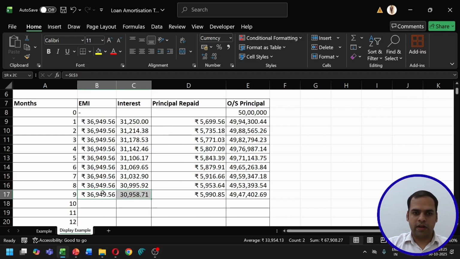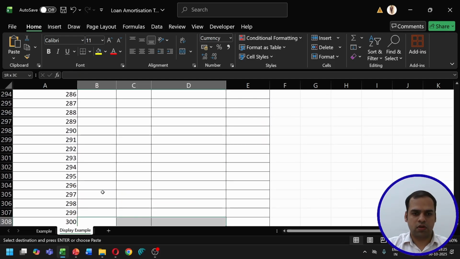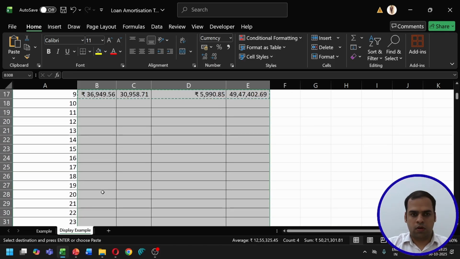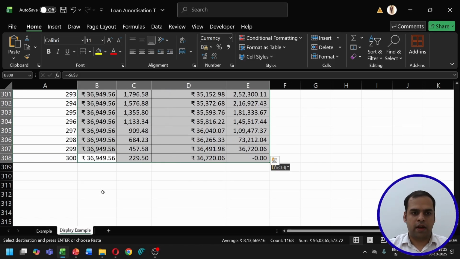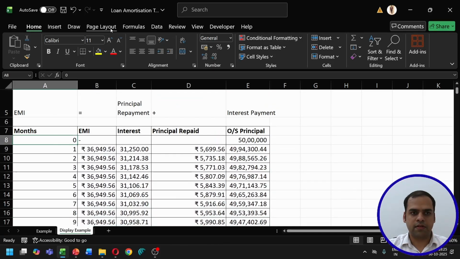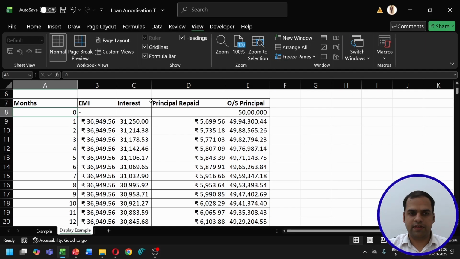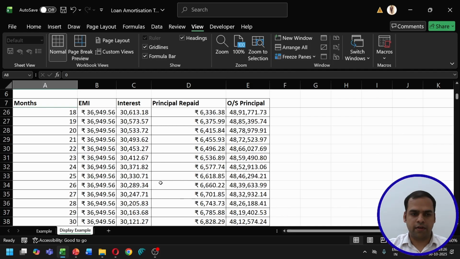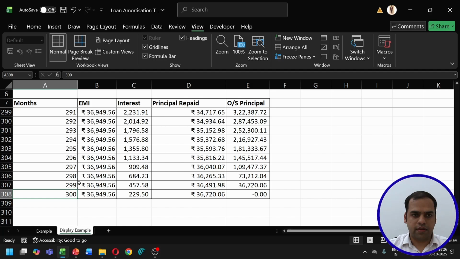So to calculate it for the 300th month, we just paste the formula. For better reference, let me freeze this cell, and let's go to the 300th month.